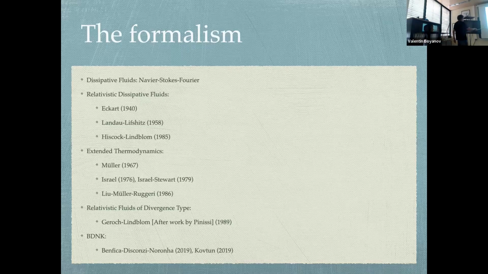And then we have some much more modern work from this decade on other types of theories, which are also divergence type, but second order. The ones I'm referring to first. It seems that they are well posed.